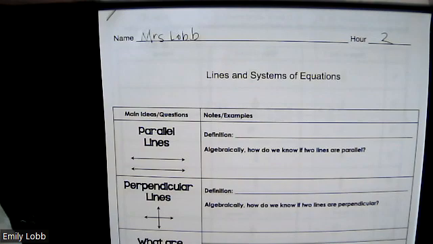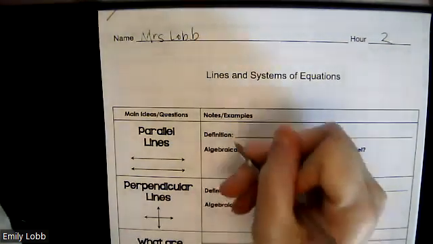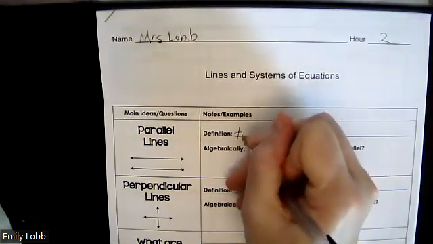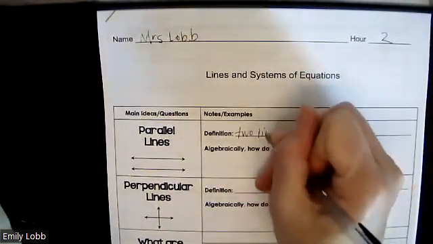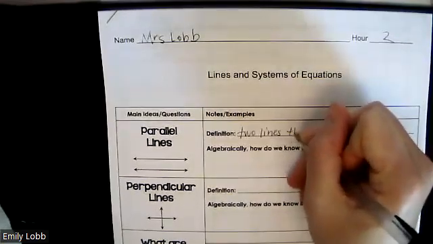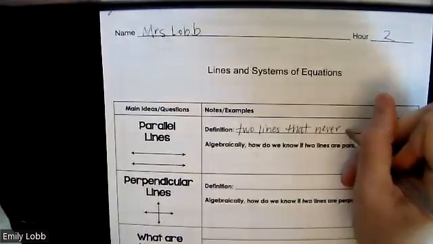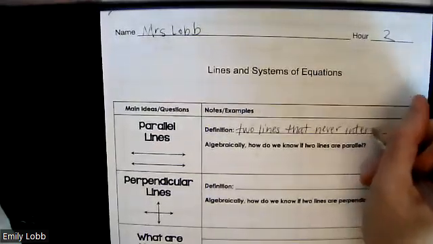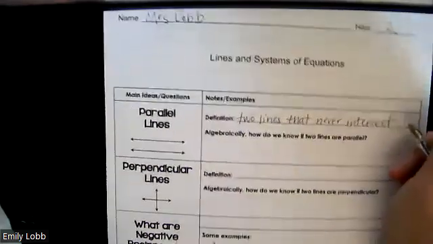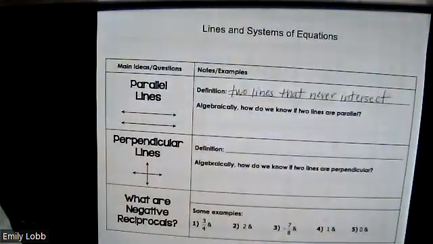All right, the definition of parallel lines. Two lines that never intersect. So they never run into each other. They can go on and on and on forever, and they will never cross.